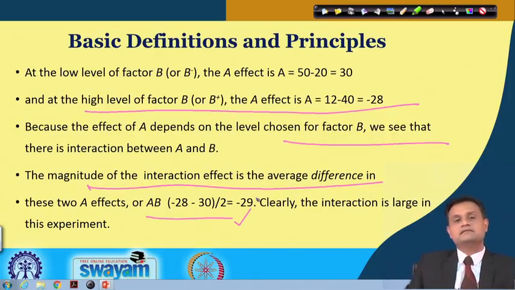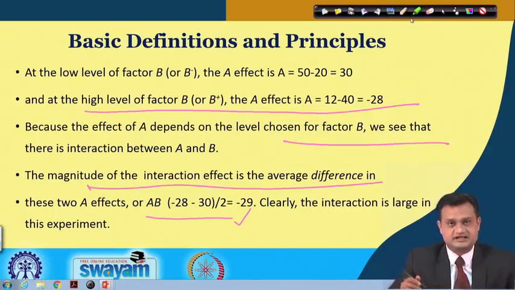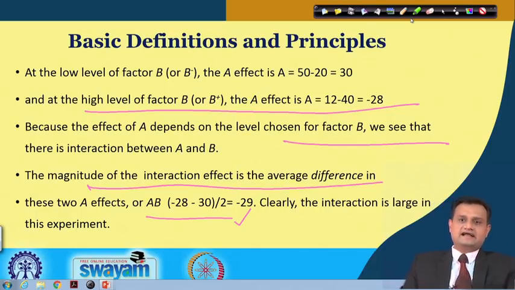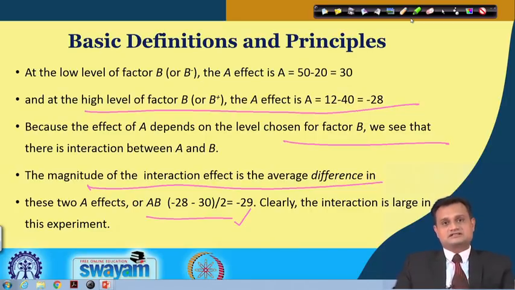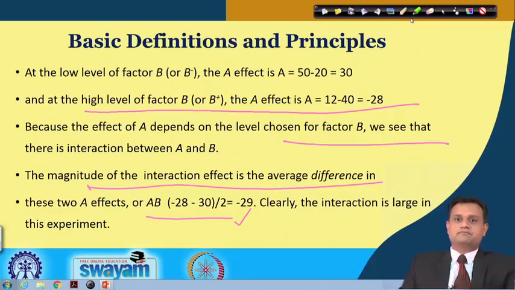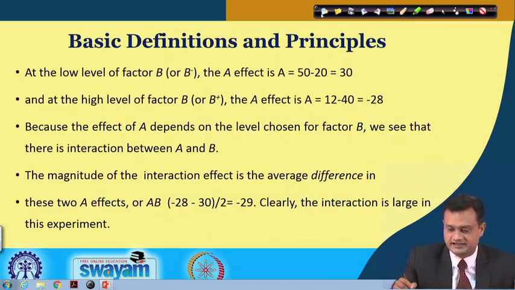So this will be minus 29. So this is a large interaction effect. Whether statistically this is significant or not, I cannot say unless I do the ANOVA analysis, but at least I can say that if I look at the values of the main effect and the interaction effect, there is a significant, contributing, large interaction effect present.